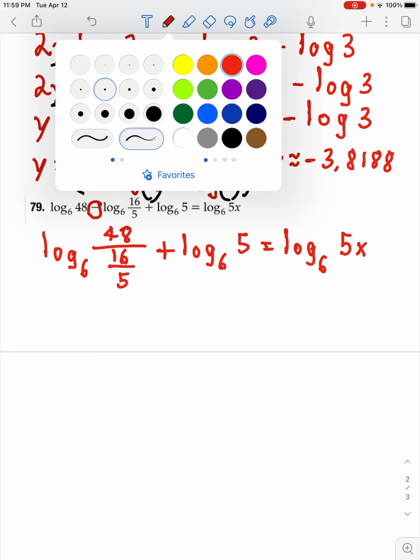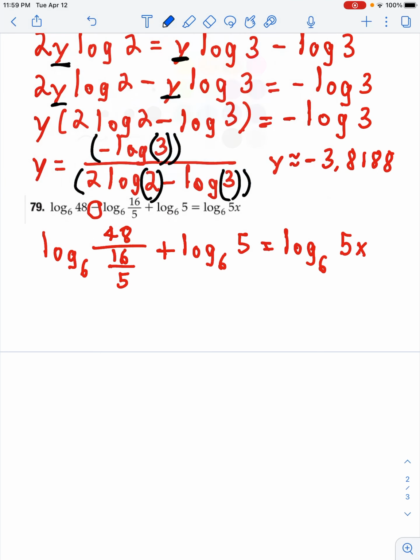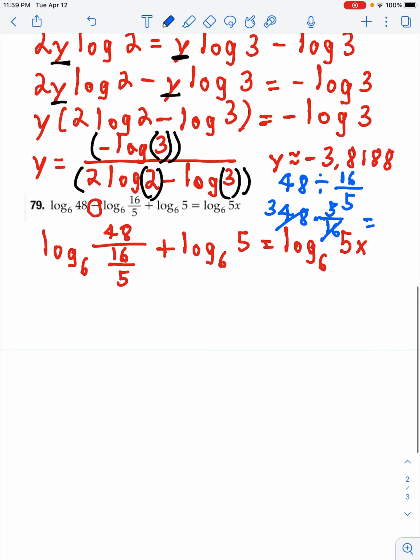It probably would be a good idea to go off in the margin and figure out what exactly is 48 divided by 16/5. Well, remember, that's the same as 48 times the reciprocal, 5 over 16. And the good news is 16 actually goes into 48 3 times, and 3 times 5 would give us 15.